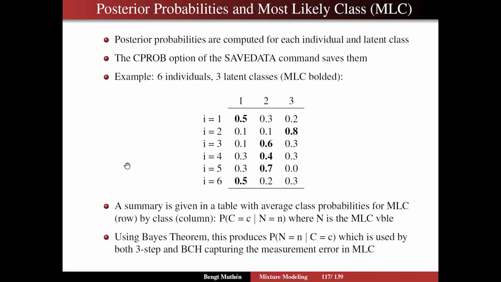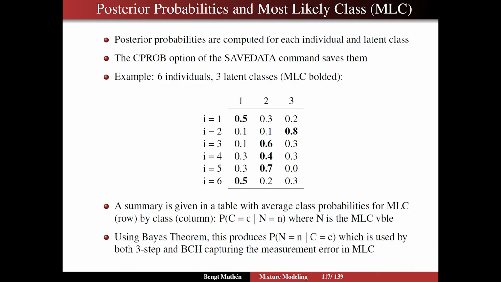We can give a summary of this in a table with average class probabilities, with most likely class as rows and class as columns, where n is the MLC variable here, the nominal variable.